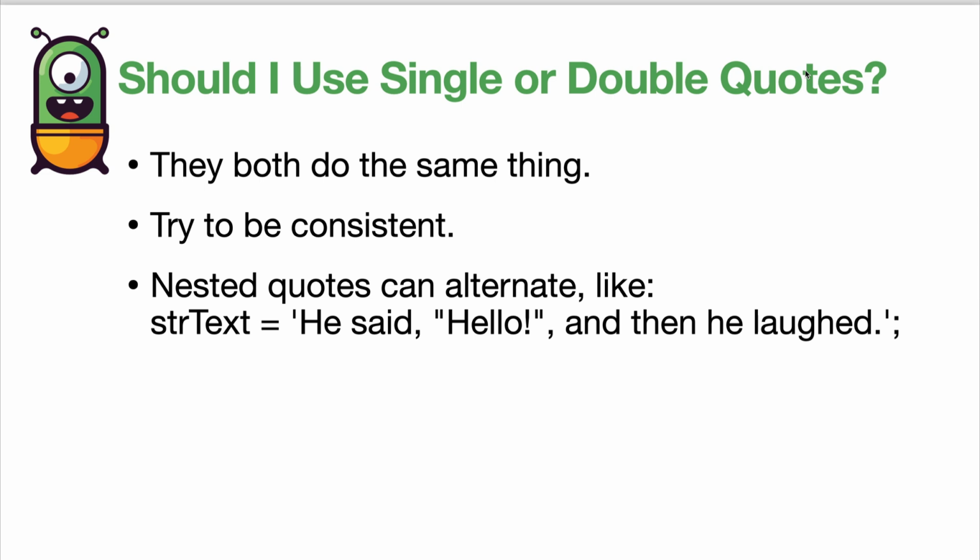So that is how you would use single or double quotes. And in all of these cases, it's really important to make sure that you have a closing quote for every open quote. You always want to do those in pairs.